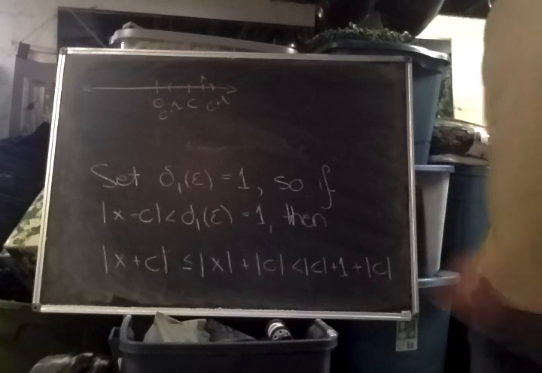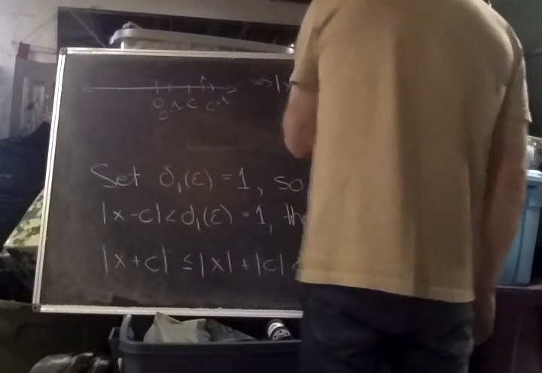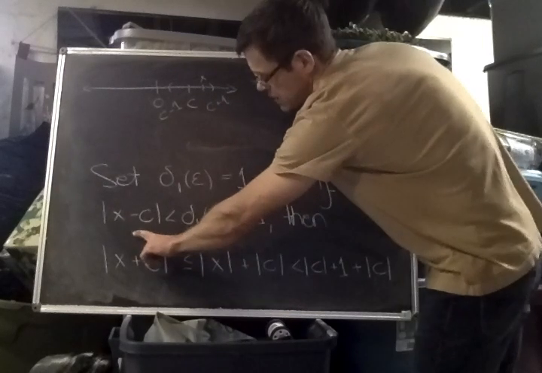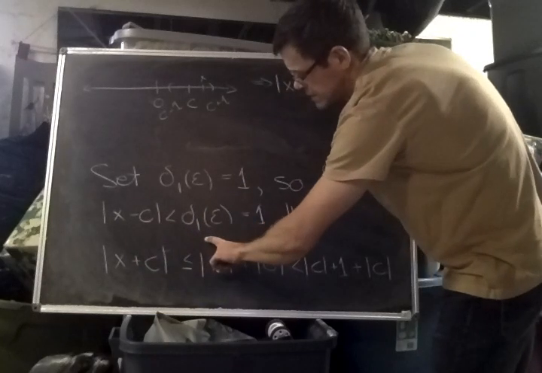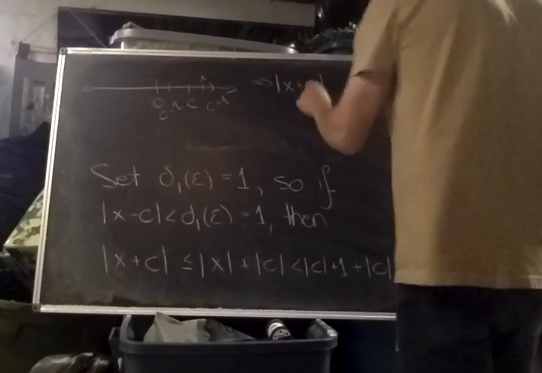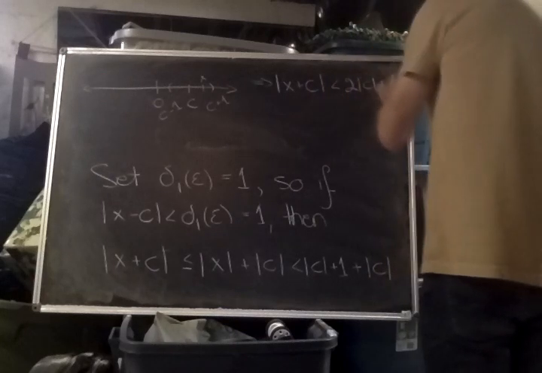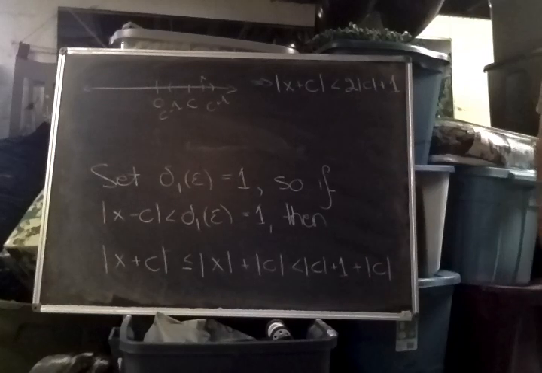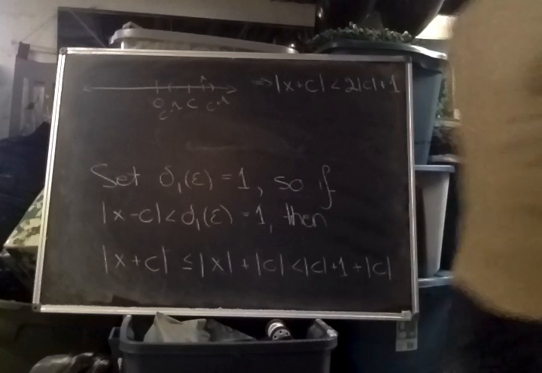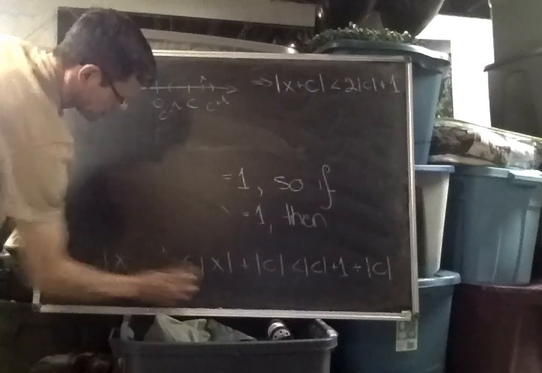So the upshot of all this is that as long as the absolute value of x minus c is strictly less than delta 1 of epsilon equal to 1, then you can say that the absolute value of x plus c is strictly less than 2 times the absolute value of c plus 1. So the absolute value of x plus c is less than a constant. And this will allow us to finish the problem.